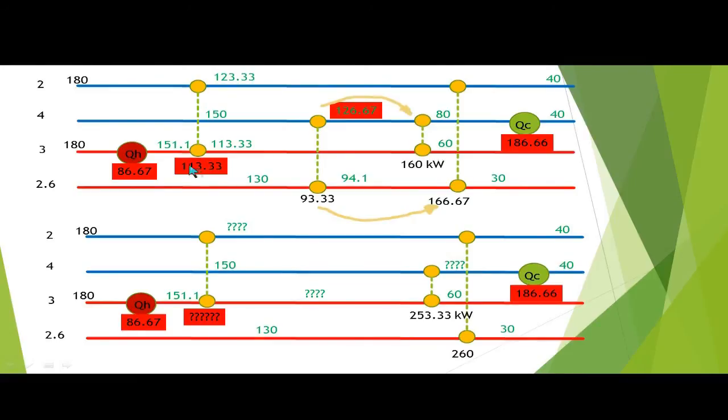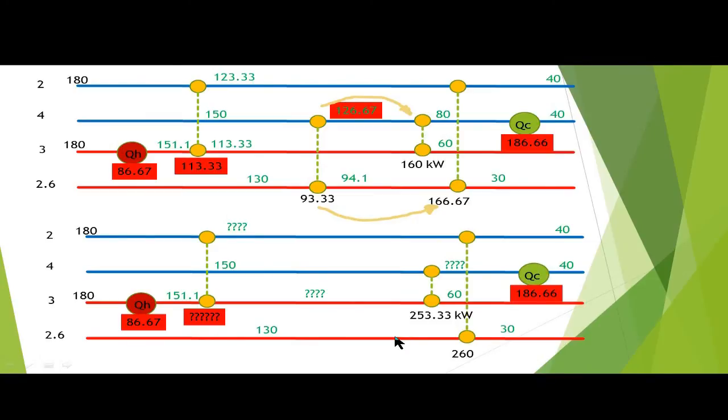So that one should be changed as well, because the number is increased. This one should be decreased, but we don't know what it is. So just leave it in the question mark. So when this one changed, the temperature outlet would not be 123 anymore, and the temperature outlet here as well.